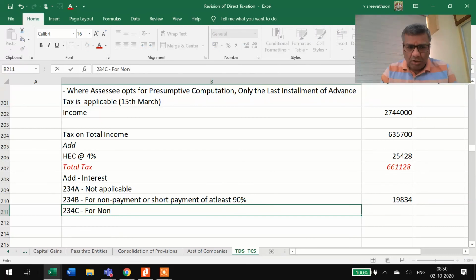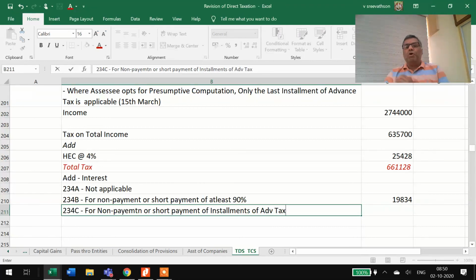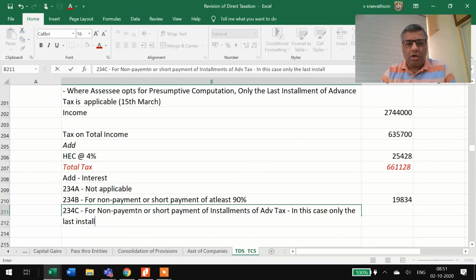234C is for non-payment or short payment of installments of advance tax. Only the last installment is applicable here, where the assessee should have paid 100% of tax.